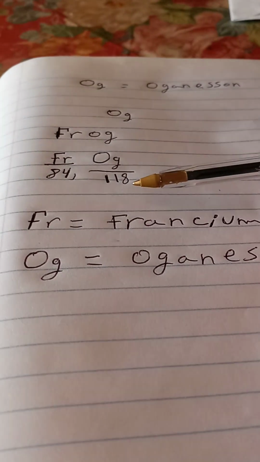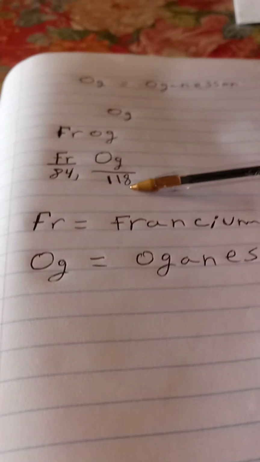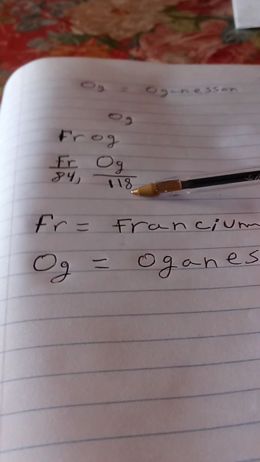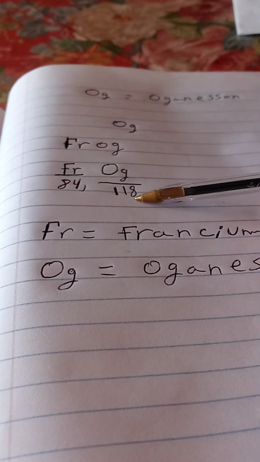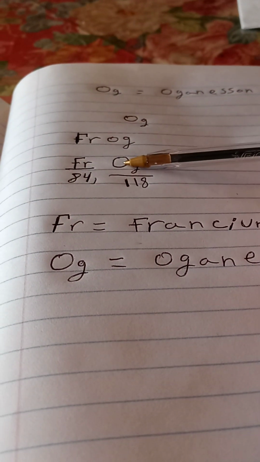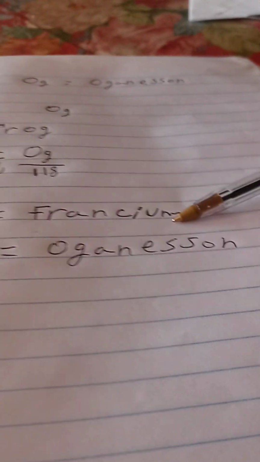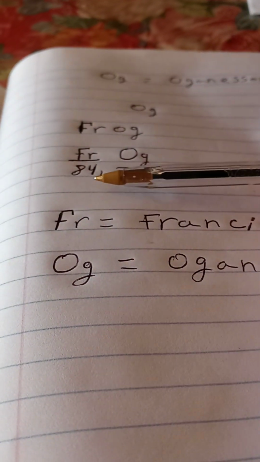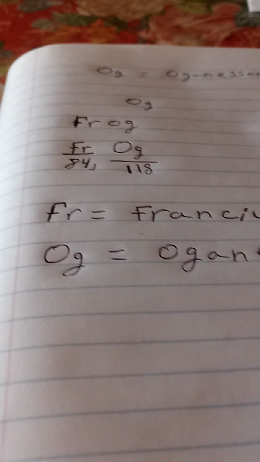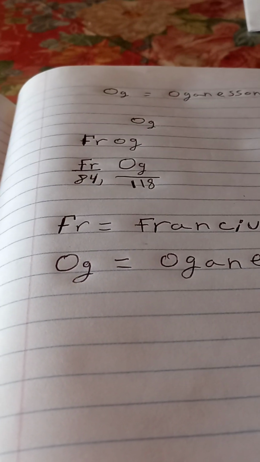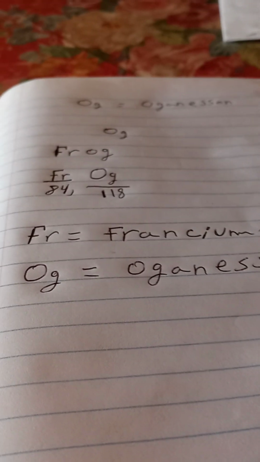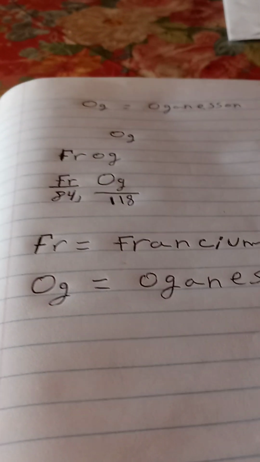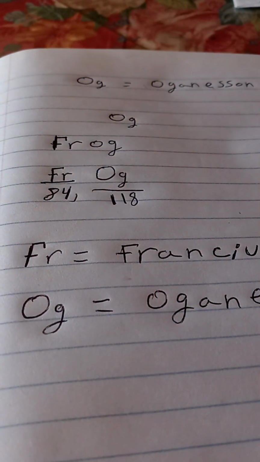And Oganesson is 118, the atomic number, if you want to study the atomic number at the same time as the chemical symbol. And francium's atomic number is 87, and there you have it, frog. So if you want to remember the chemical symbol capital OG for Oganesson, frog is a good way.